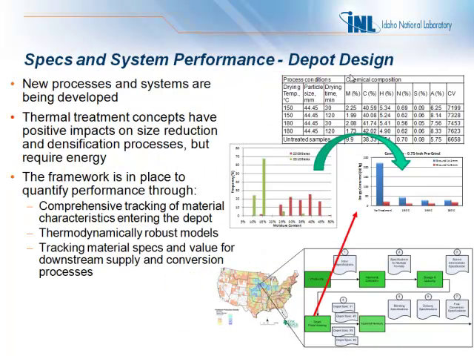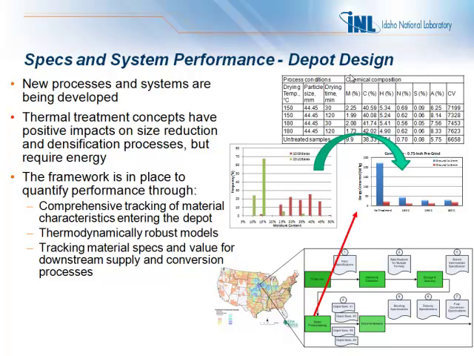Similarly, with the depot system, within the integrated framework, we're developing methods to quantify depot performance through tracking material characteristics entering the depot, inclusion of thermodynamically robust models, and also being able to track material specs for downstream supply and conversion. So what does this mean?